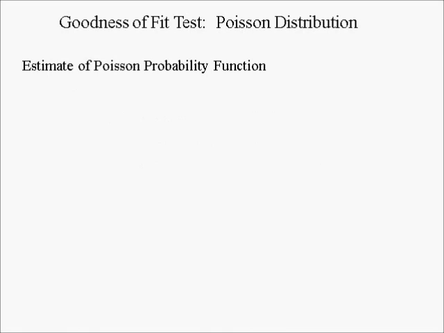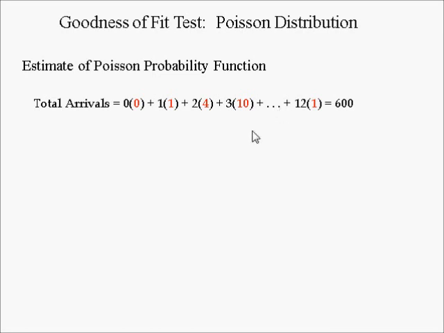So we need to estimate the Poisson probability function, which means we have to calculate the mean number of cars arriving. So what we do here is we take this right here, the 0 here is 0 cars in a 1-minute time interval, and that happened 0 times.